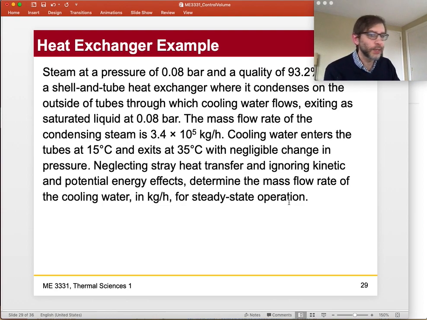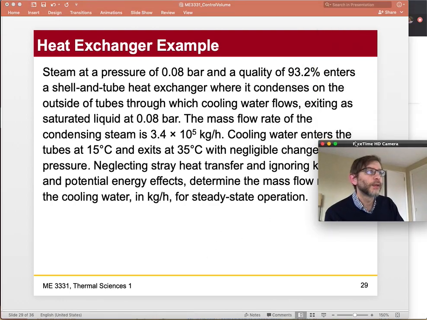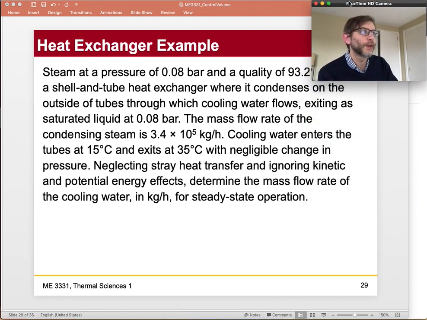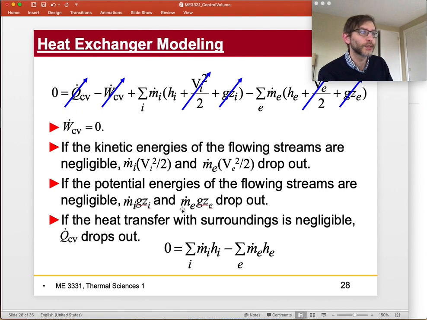So let's do our first example of the lecture today. Let's look here at a heat exchanger example. Steam at a pressure of 0.8 bar and a quality of 93.2%, in a shell and tube heat exchanger. When I say shell and tube heat exchanger, I mean this, right?